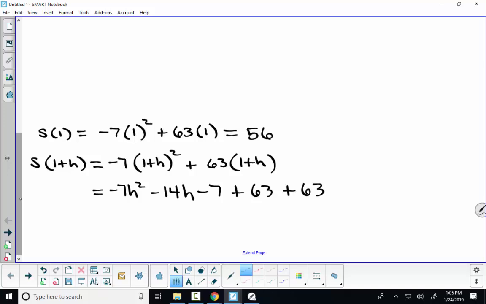Okay, let's collect like terms, minus 7h squared. Sorry, I said 63h here, right? So we've got a minus 14h and, where we go, plus 63h.